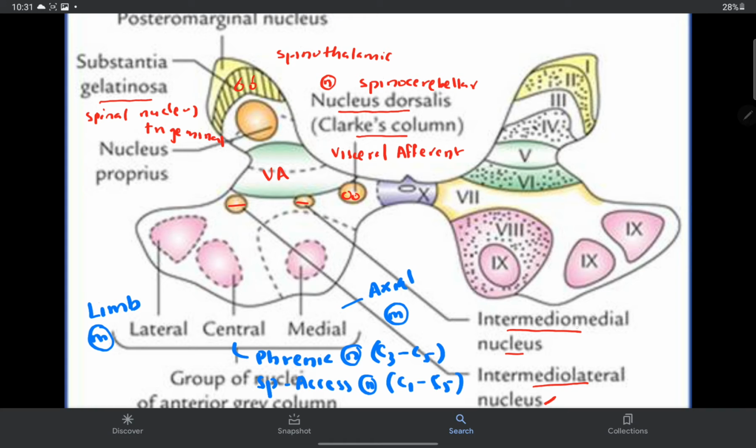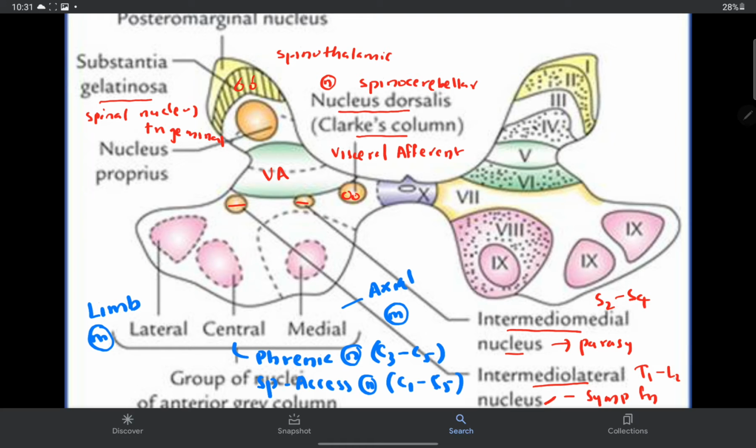So the intermediomedial nucleus is concerned with the parasympathetic, whereas the intermediolateral nucleus is concerned with the sympathetic functions. The parasympathetic is craniosacral outflow, so it will be present at S2 to S4, whereas the intermediolateral nucleus, involved in the sympathetic function, is present from T1 to L2.